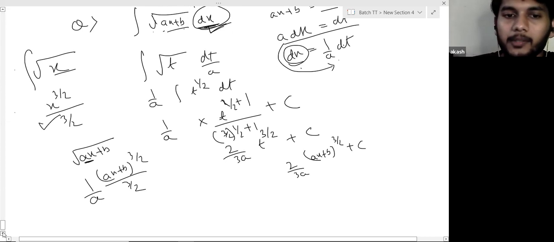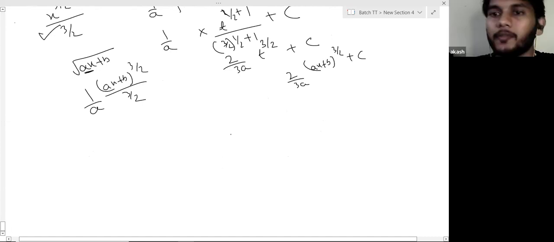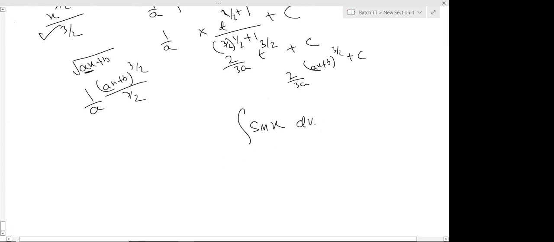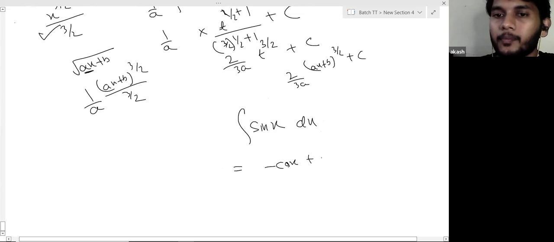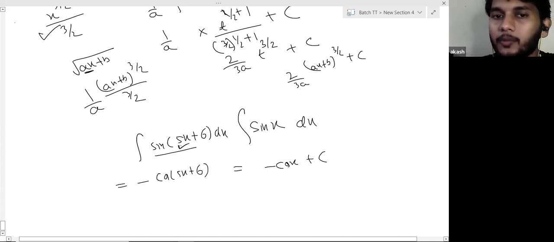All right, what do I mean by this? Take another example. What is integration of sin x? Minus cos x. So if I write integration of sin 5x plus 6, then integration of sin x is minus cos x, so minus cos of 5x plus 6, and just divide with the coefficient of x, 1 by 5.